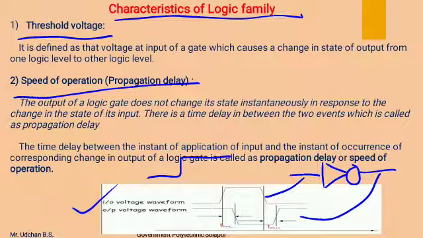As the input is changing from low to high, the output will change from high to low. In the waveform, we can see that the output starts to change from high to low after this much duration of time. This is the time taken by the output with respect to the change in the input. This is nothing but the propagation delay.